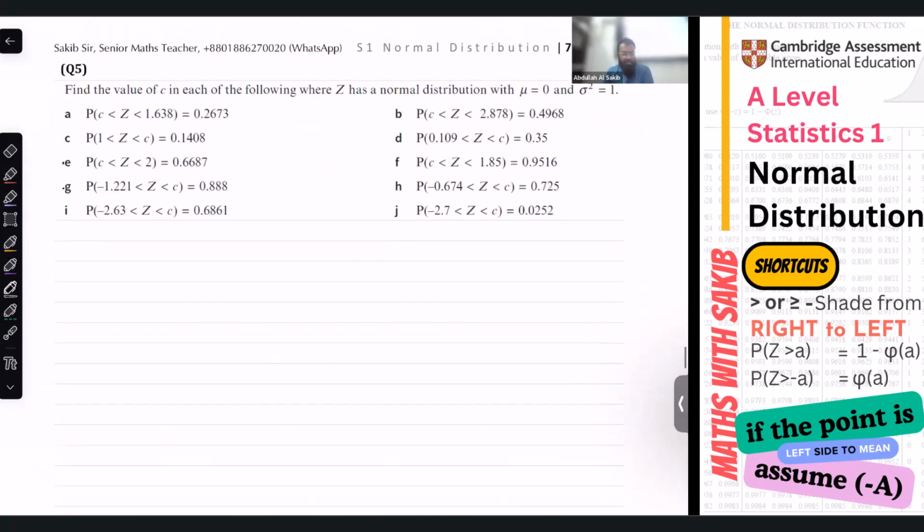So find the value of C in each of the following where Z follows normal distribution, where mean is 0 and the standard deviation is 1.